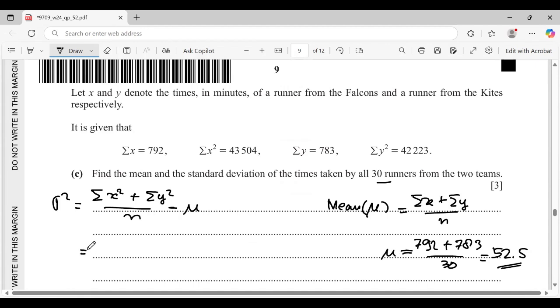Now we're going to calculate variance. So based on this information, it is 43,504 plus 42,223 divided by 30 minus, this is square actually, minus this number 52.5 squared.